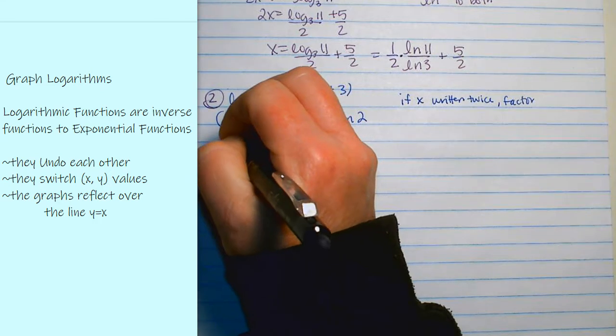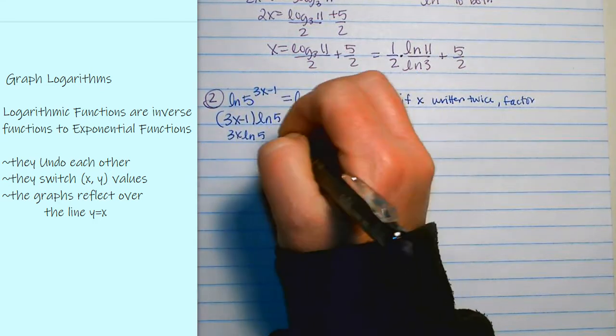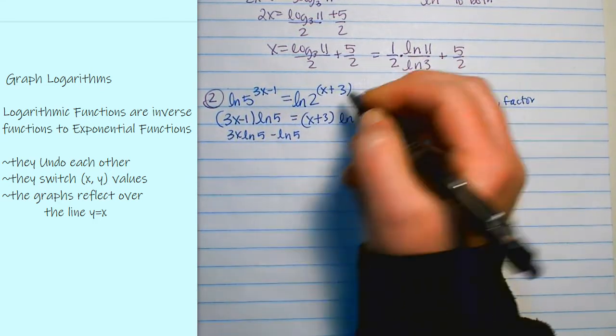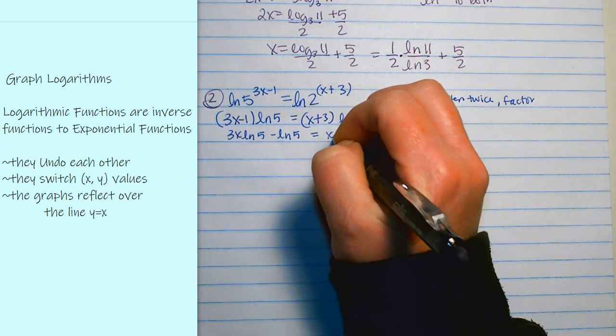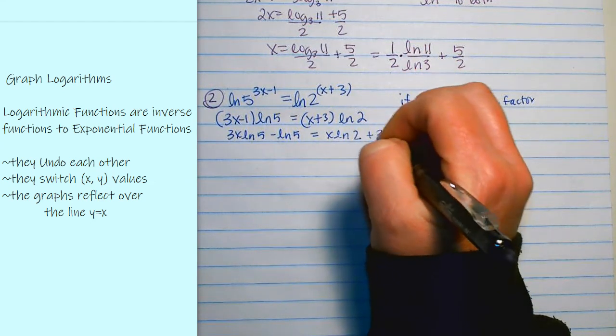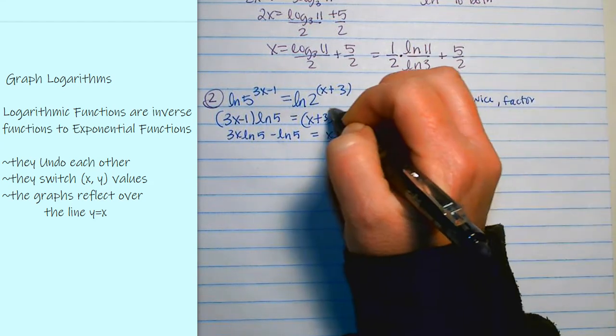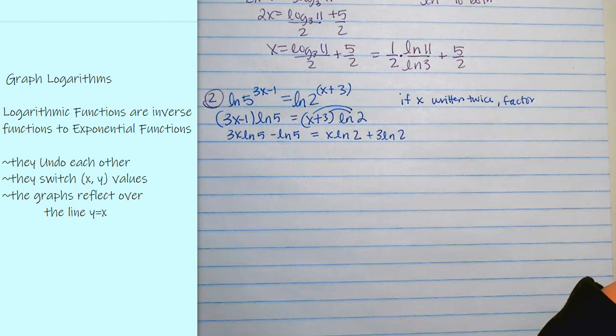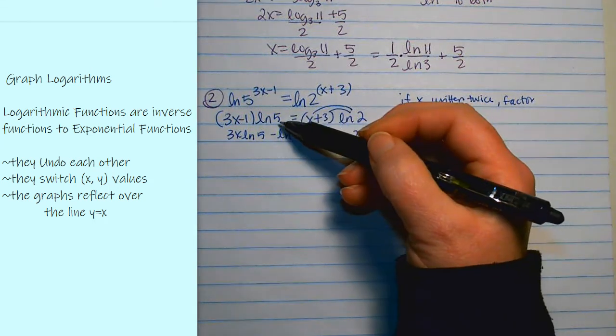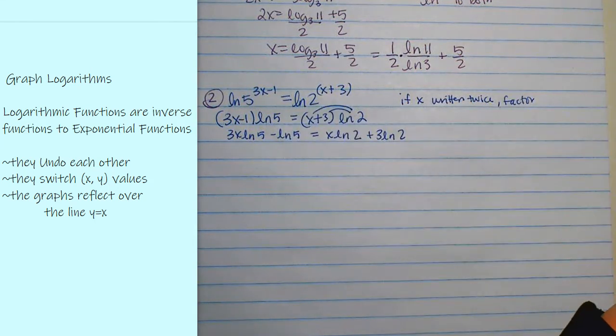So we're going to end up with 3x natural log of 5 minus natural log of 5 equals x natural log of 2 plus 3 natural log of 2. So I have distributed the natural log of 2 over everything, and the same with the natural log of 5. So now what I want to do is get all the x's on one side and all the things without x's on the other side.